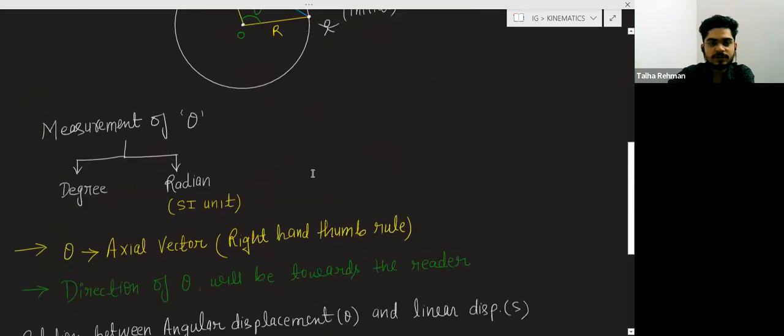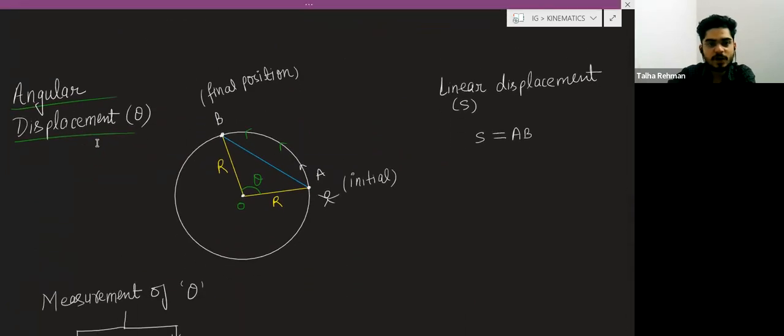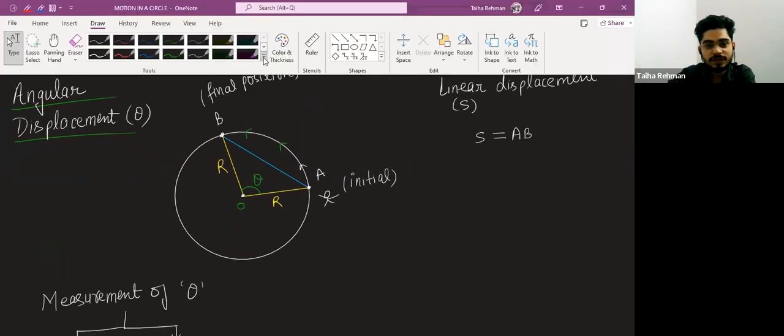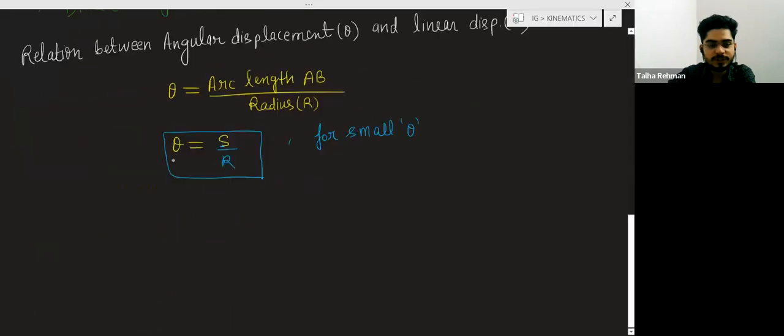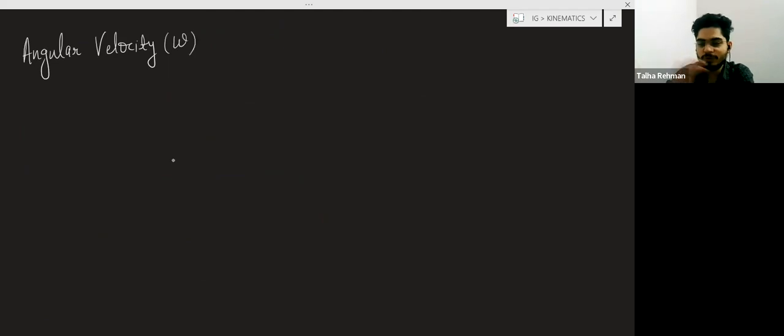Now this is the angular displacement. Now we will discuss another term, angular velocity. This is represented by omega. I have told you velocity is displacement divided by time.